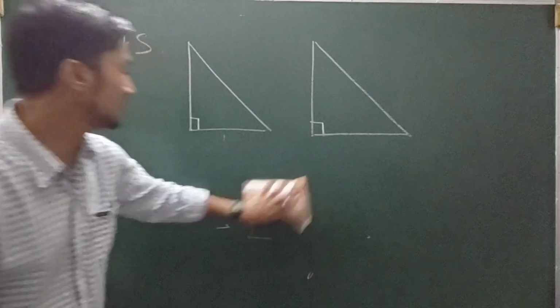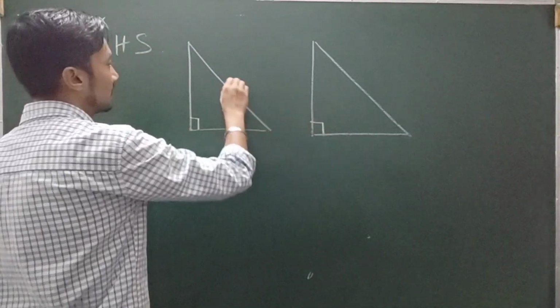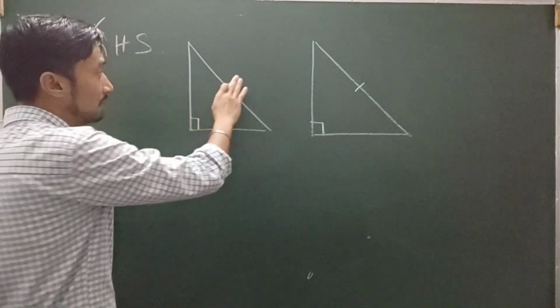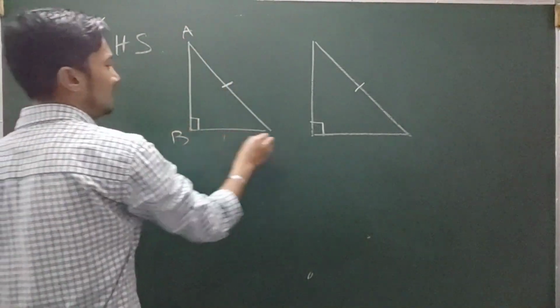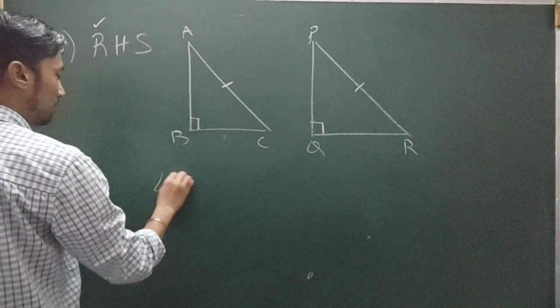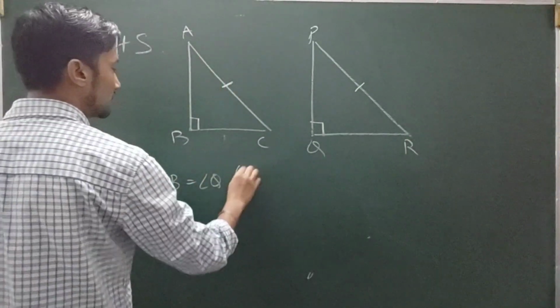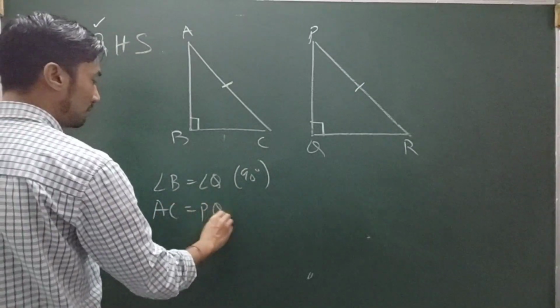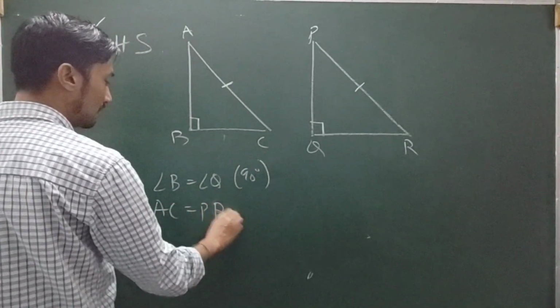So RHS means one right angle, one hypotenuse also same. Suppose like A, B, C, P, Q, R. So angle B equal to angle Q, 90 degree. Hypotenuse AC is equal to hypotenuse PR, same.